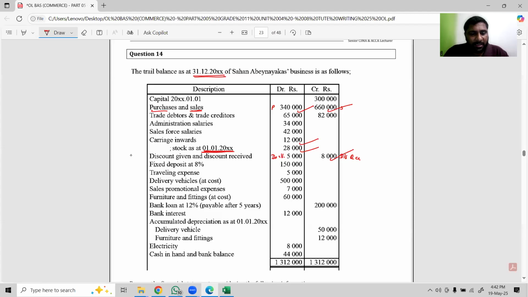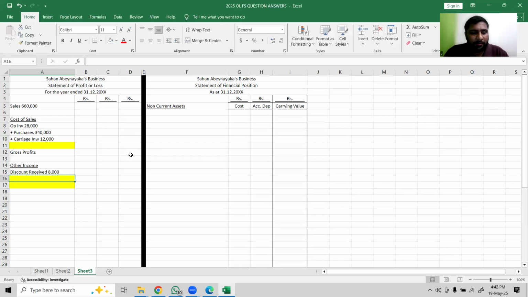No other information is given regarding the income. We'll leave 2 lines and we'll go to the distribution expenses. Under the distribution, marketing, advertising, sales, customer related expenses, delivery, distribution related expenses, everything should come.